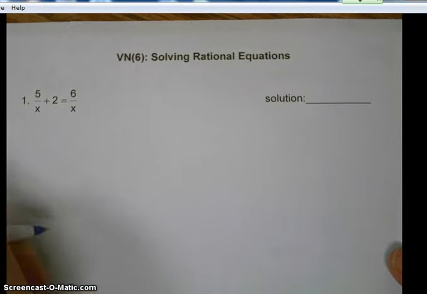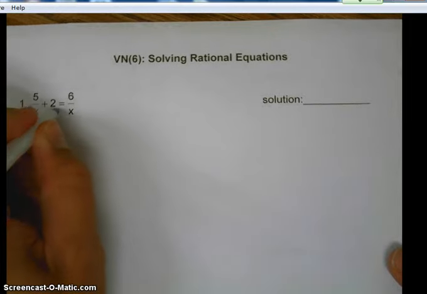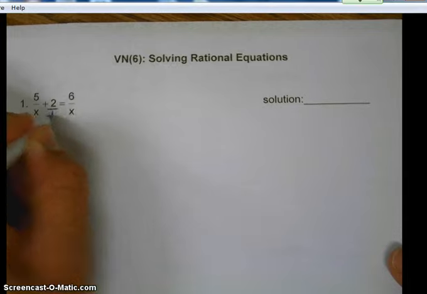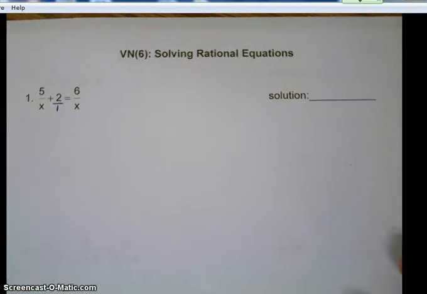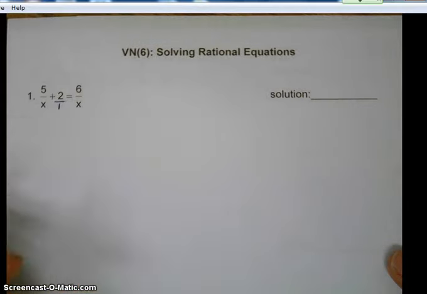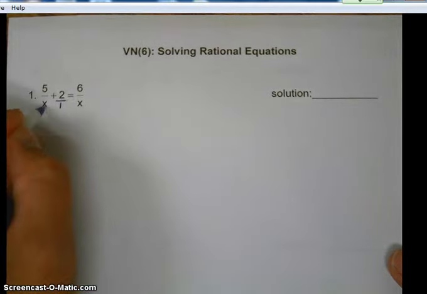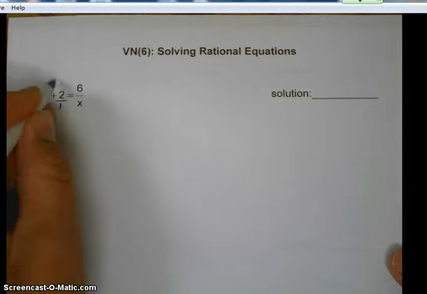The first thing we want to do is make all of these into fractions. So very easily we put our integers over 1, and now we get a common denominator. Notice we have an x, a 1, and an x. This middle term needs an x, so that we have a common denominator here on the left.